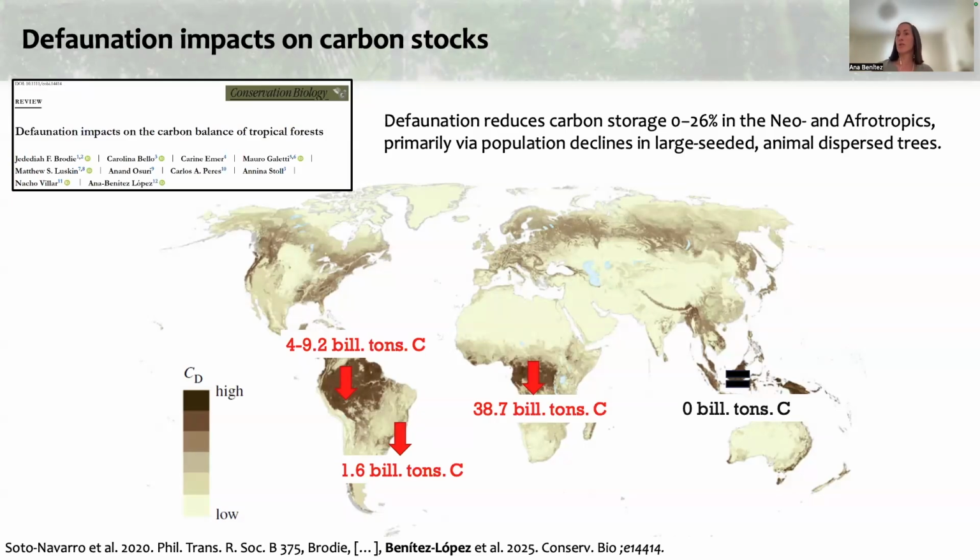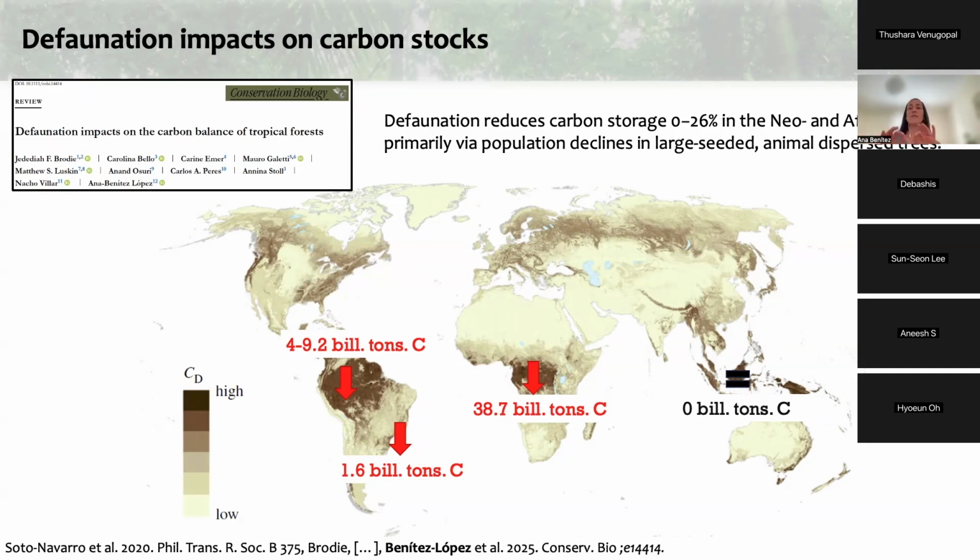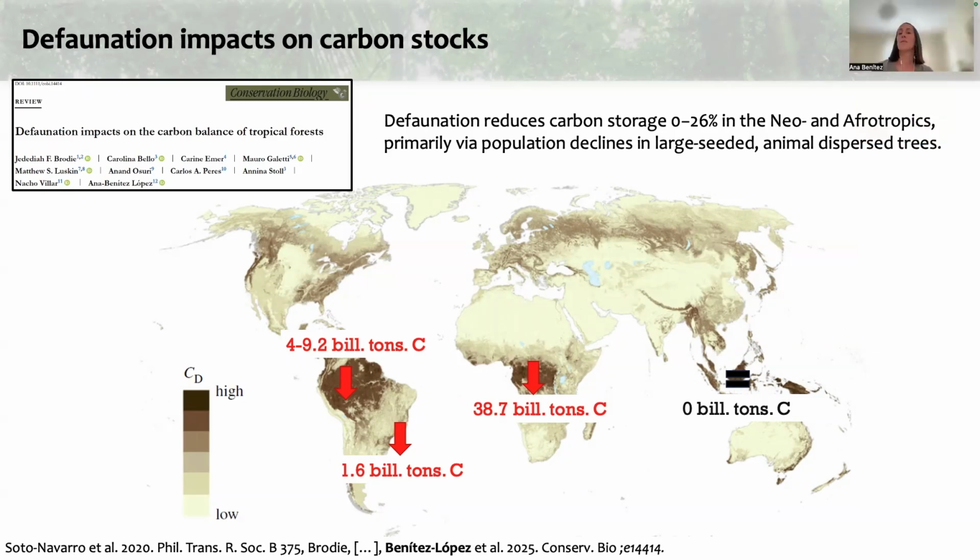Maybe because, as I said, here there's a larger composition of wind-dispersed plant species. We're not sure about it, but these are still first estimates, and there's very little evidence about this. This is something that we are trying to gather more evidence on as the years progress.